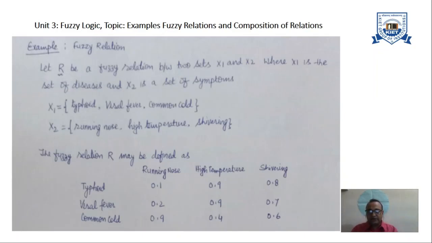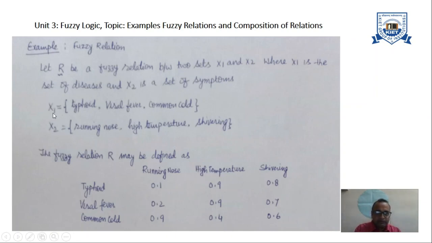If they are not connected, then at that time in the Cartesian table, their membership value will be maintained as 0. Otherwise, they all will have some membership value. If they are strongly connected, if there is a complete membership, then we can have the membership value as 1.